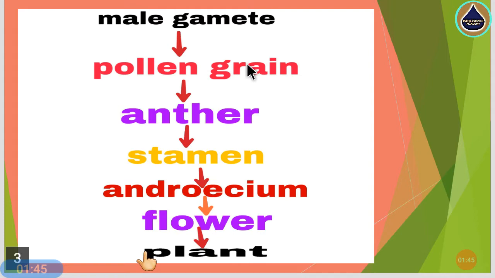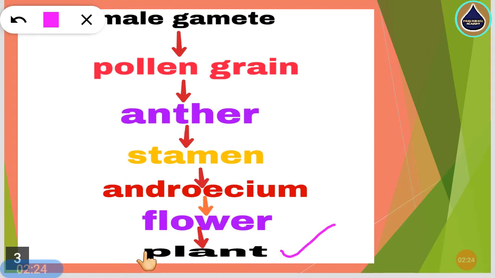This male gamete is formed in the pollen grain, and this pollen grain is found in the anther, and the anther is the part of the stamen, and the stamen is the part of the androecium, and the androecium is the male part of the flower, and the flower is the part of the plant. So to know where the male gamete is located, we go from the bottom.